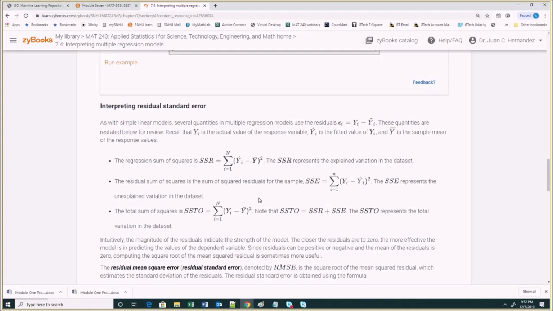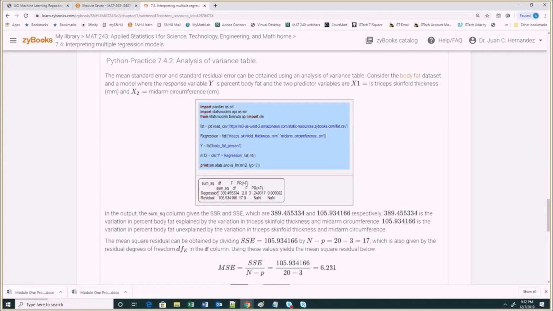And then you have the total sum of squares, SSTO, which is simply the sum of the SSR and the SSE. We go back to the analysis of variance table here, and we see that we have the sum of squared regression and the sum of squared residuals, or the SSE. The degrees of freedom are given here, and then the rest is just the F value and the p-value.